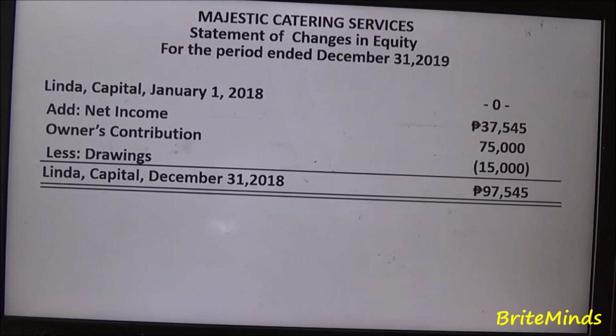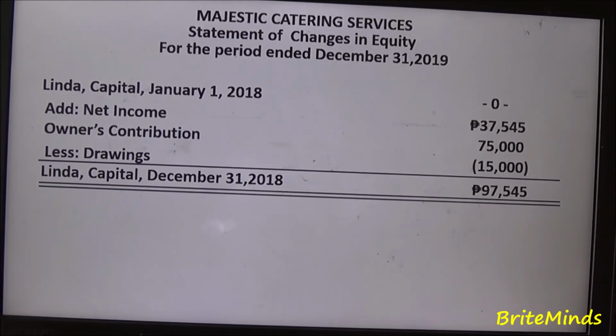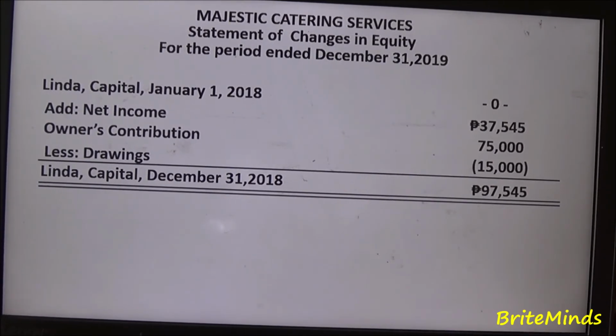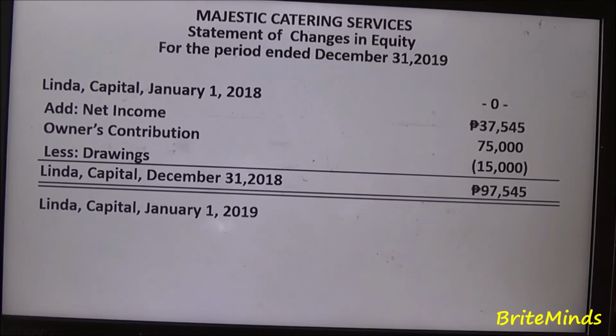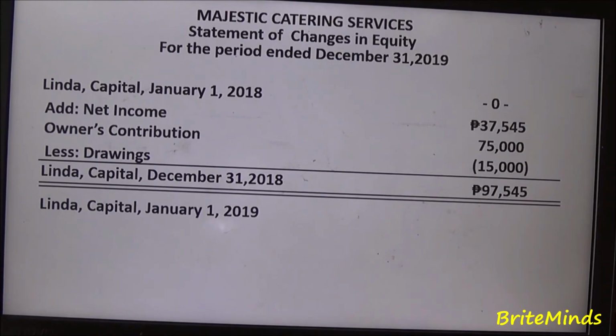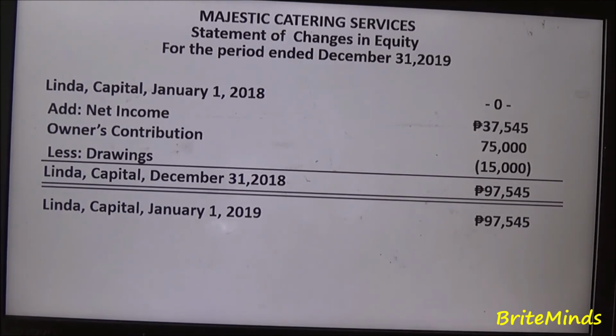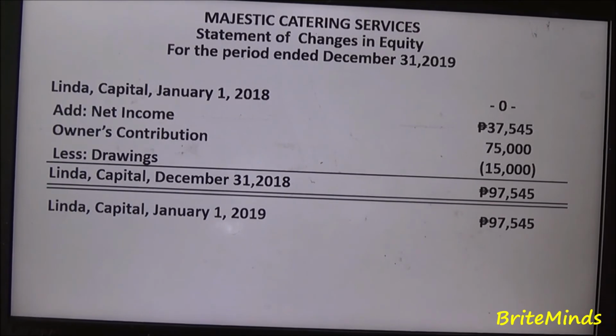Okay, so this is the ending balance of Linda's capital on December 31, 2018. Now we proceed to the ending balance of Linda's capital on December 31, 2019. So how much would be the beginning capital of Linda on January 1, 2019? It will be 97,545 pesos.